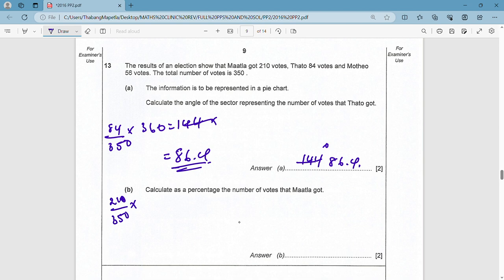So calculate as a percentage, so it's going to be times 100. 210 over 350 is 0.6 times 100. So it's going to be 60%.